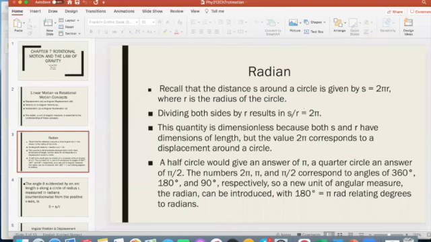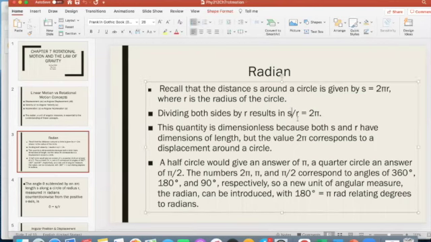So if we divide both sides by the radius, we get the distance around the circle divided by the radius is equal to 2 pi. And here, we're just corresponding the radians to the degrees.